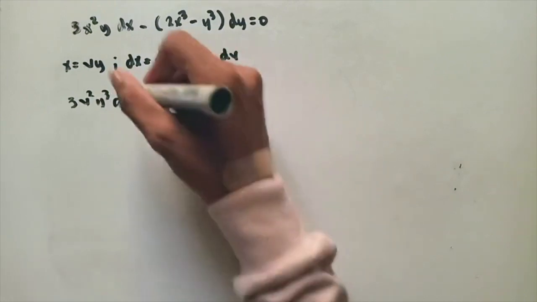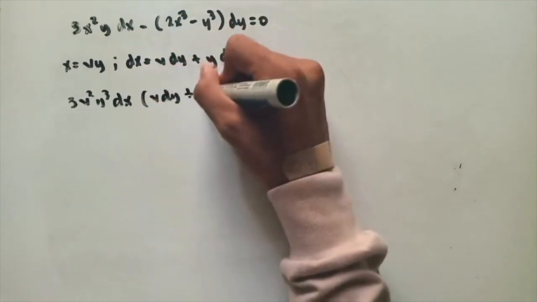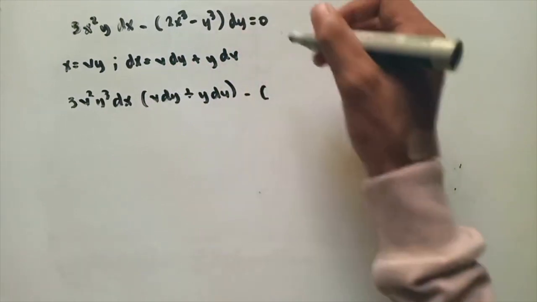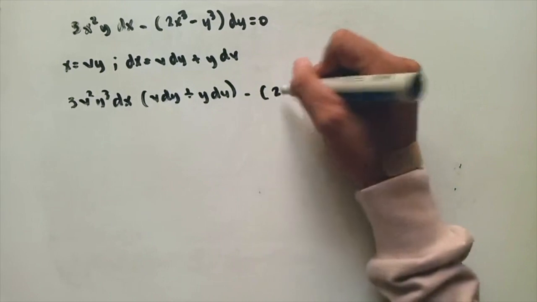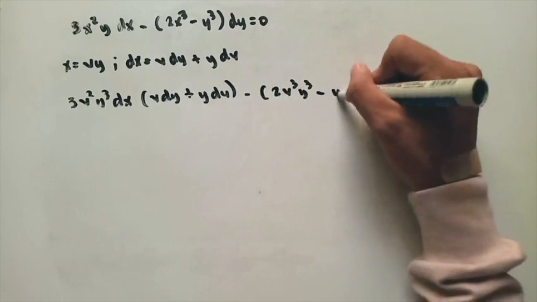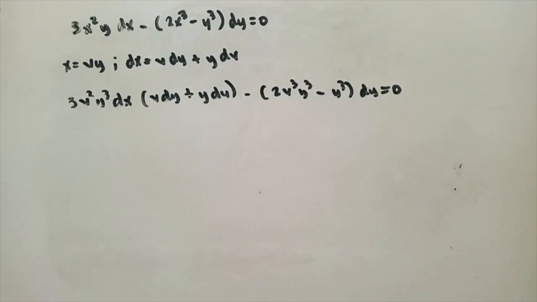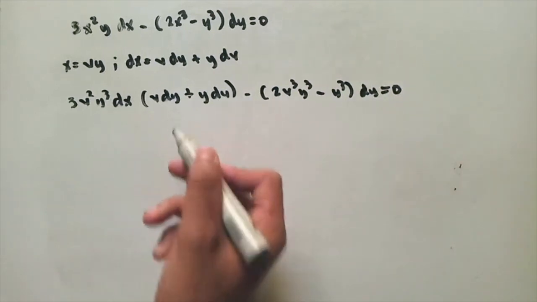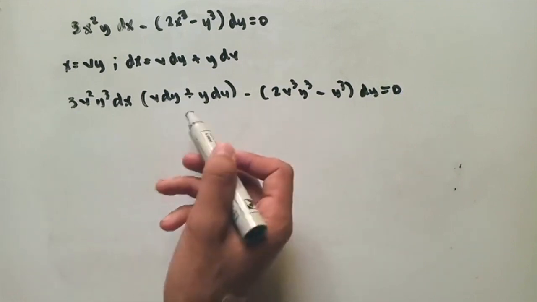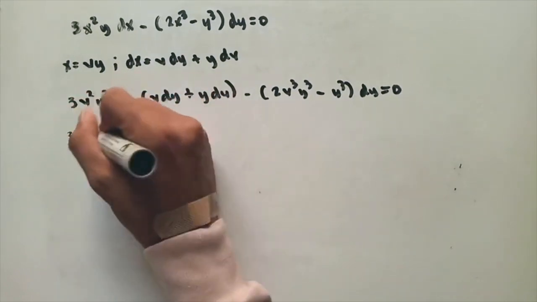times dx, which is v dy plus y dv, then minus 2x cubed. So this will become 2 v cubed y cubed minus y cubed, then multiply by dy equal to 0. So let's distribute the 3v squared y cubed times v dy. So this will become 3v cubed y cubed.